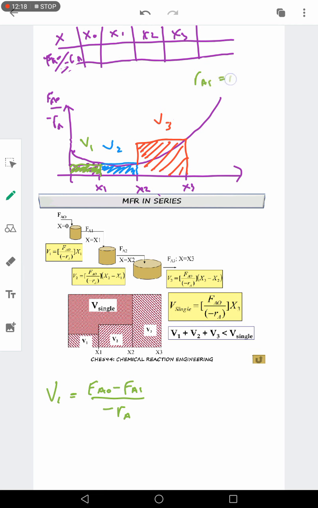Okay, RA1 equals RA2 equals RA3, which is RA.